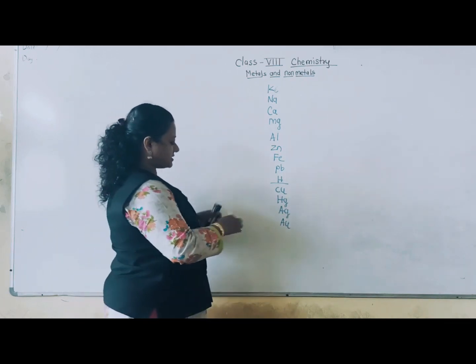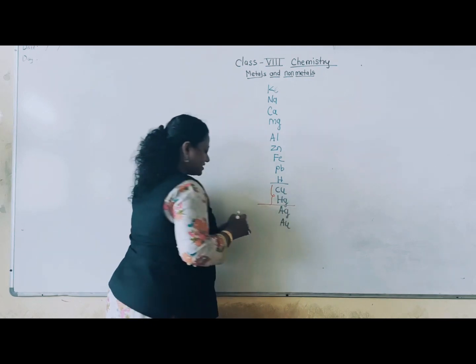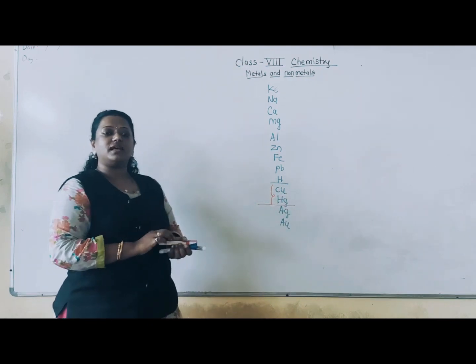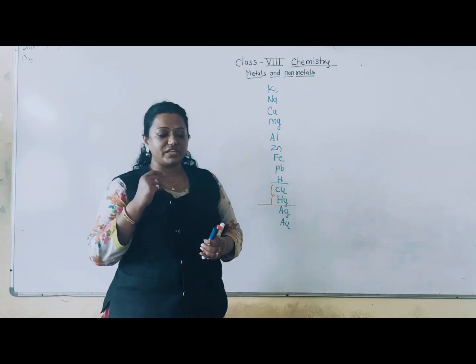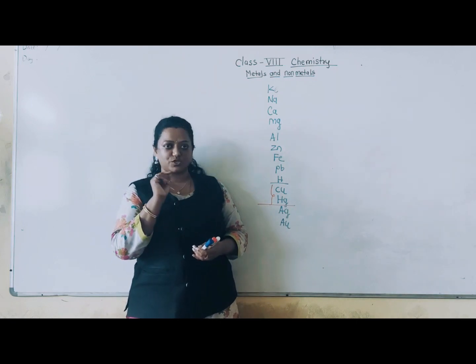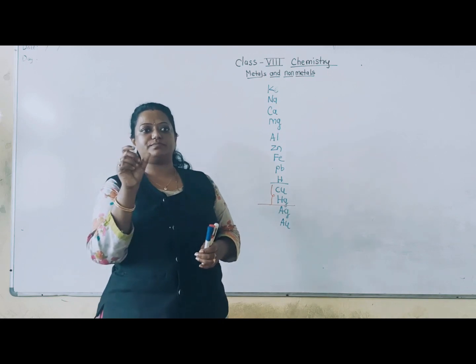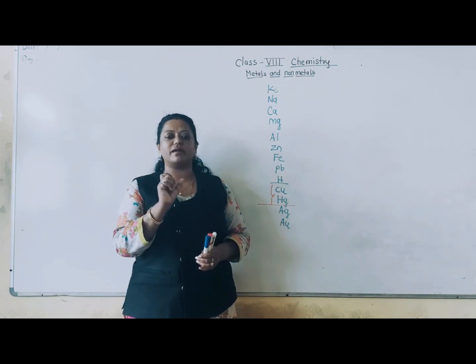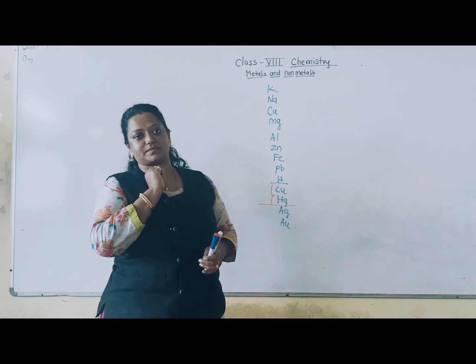Then what about these two metals, copper and silver? Many times you have seen silver ornaments we use in our day-to-day life, and some statues in the puja ghar are made of silver. Those become a little black after some days.